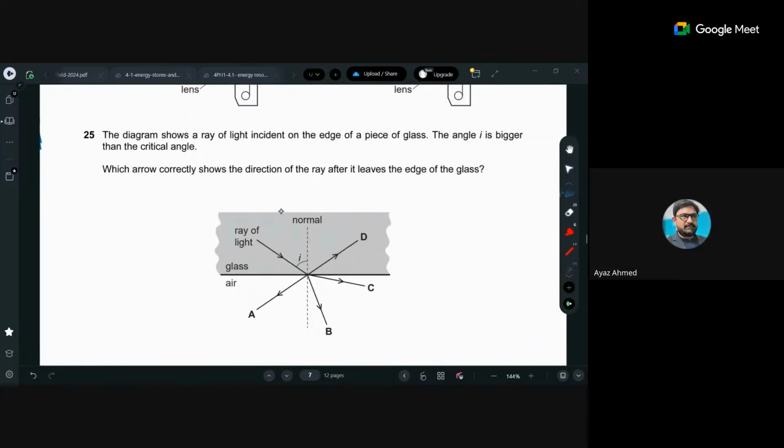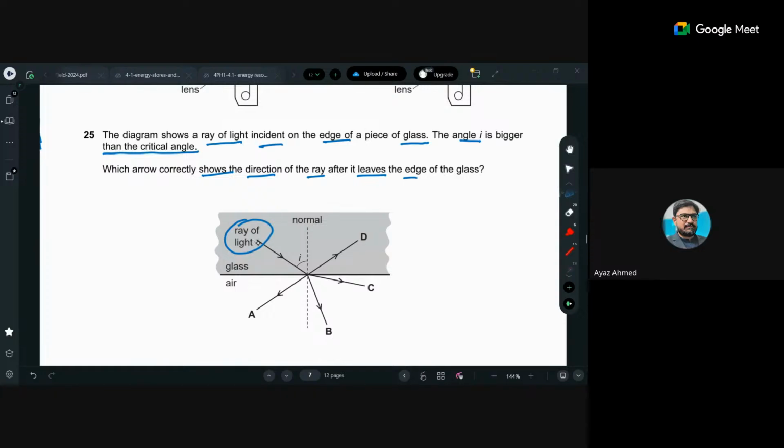The diagram shows a ray of light incident on the edge of a piece of glass. The angle i is bigger than the critical angle. Which row correctly shows the direction of the ray after it leaves the edge of the glass? First of all, where is the ray of light? This is the ray of light.